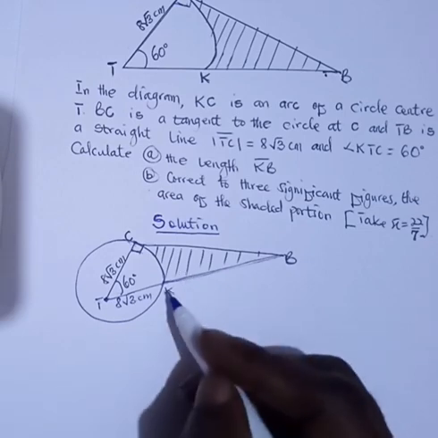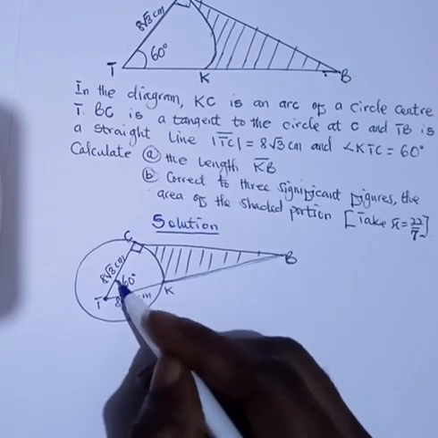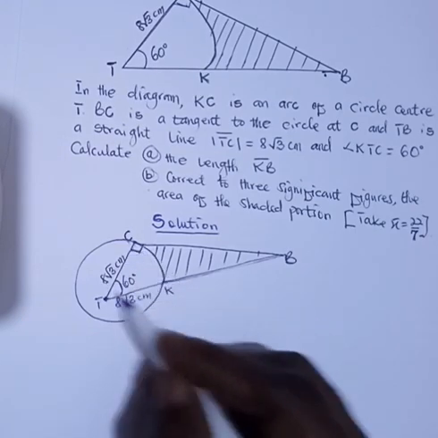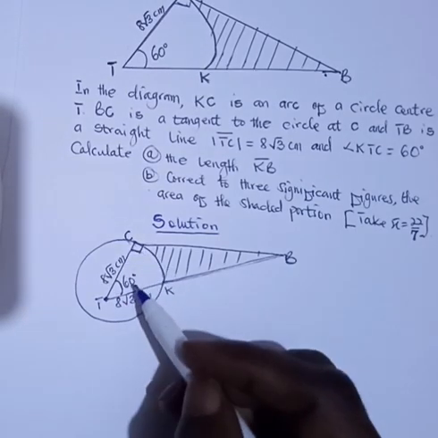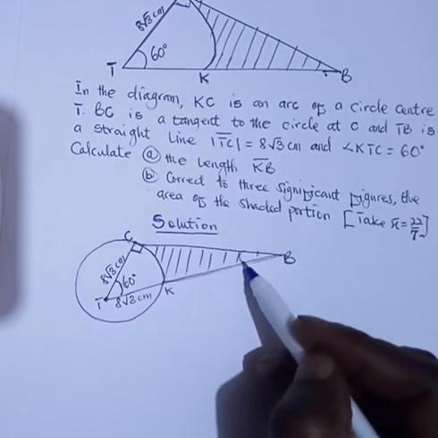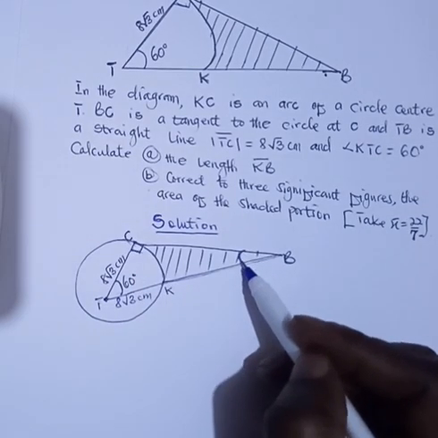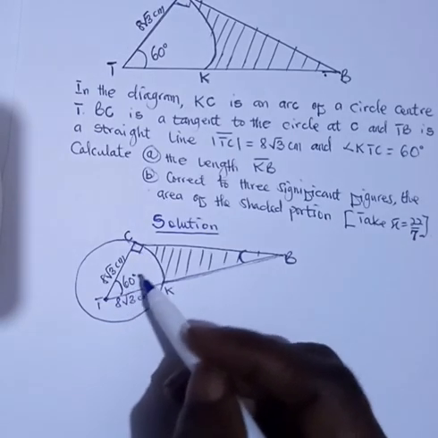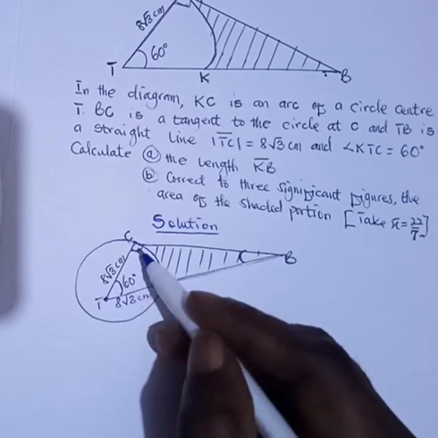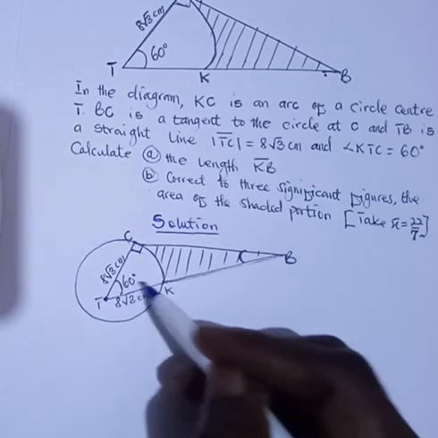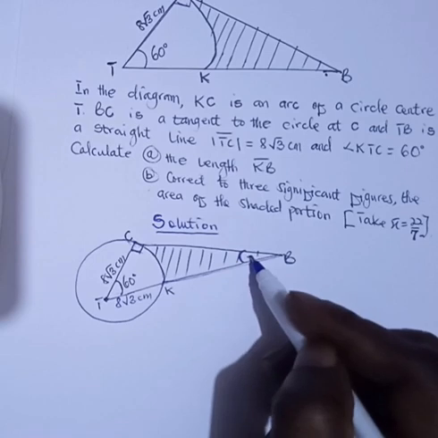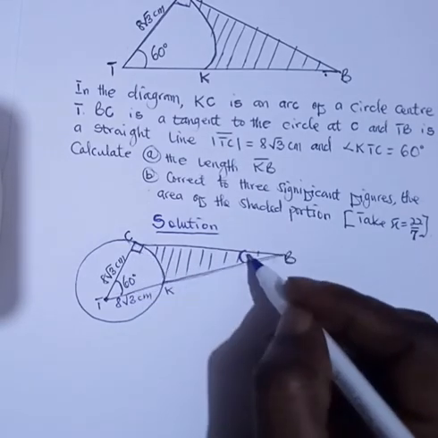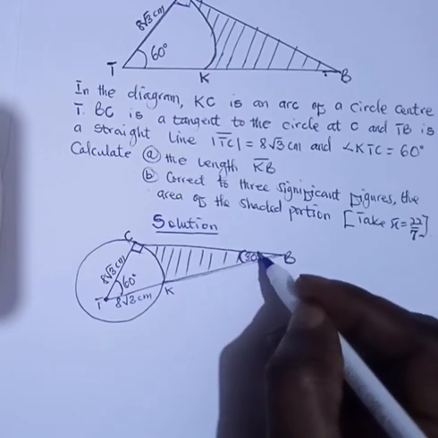Good. But since we have this angle here, this is 90. In this case, we can also look at this angle here. But how do we find this angle? Since we have two of the angles in the triangle, we can just sum the two angles and subtract from 180, and we get the angle left. So if we are to find the angle here, we are getting 30 degrees here.